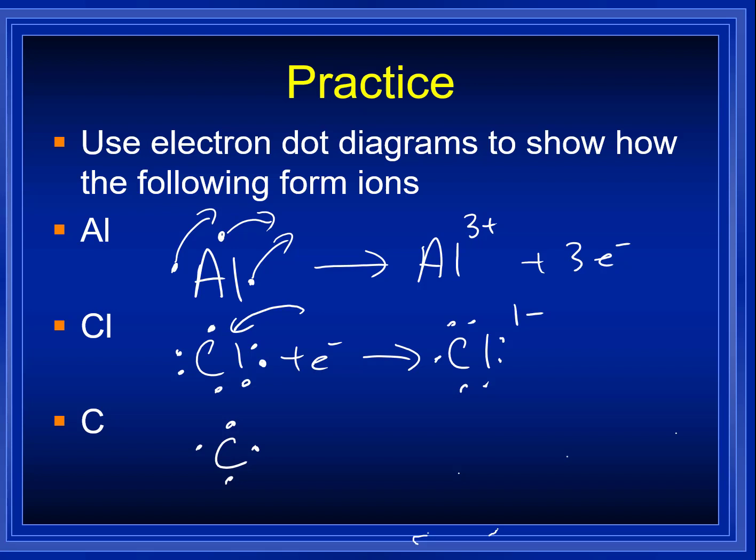Which one's it going to do? Well, is it a metal or a non-metal? It's a non-metal, and non-metals are gainers. So I'm going to have to put in 1, 2, 3, 4 electrons to make my carbon full with a 4 minus charge.